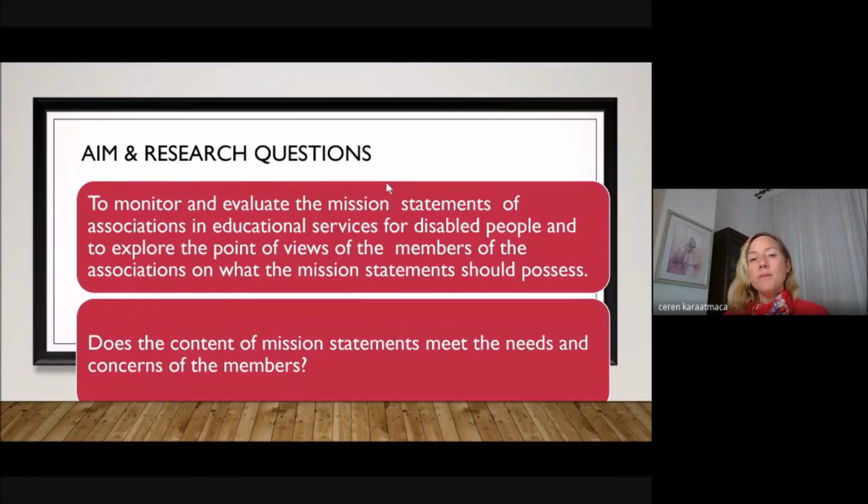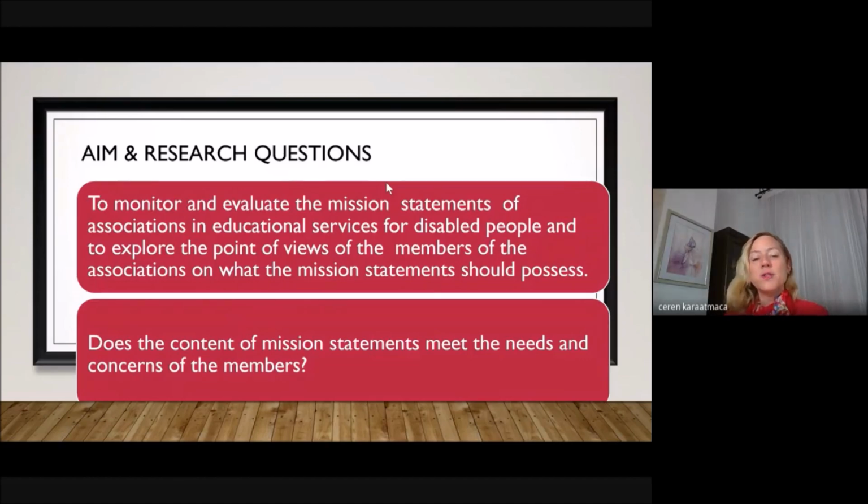So our main aim was to monitor and evaluate the mission statements of associations in educational services for disabled people, and to explore the points of view of the members of the associations on what mission statements should possess, actually.